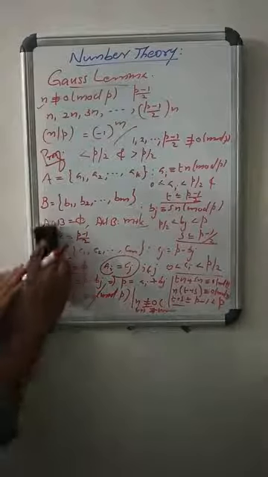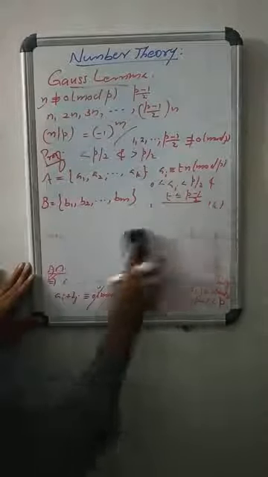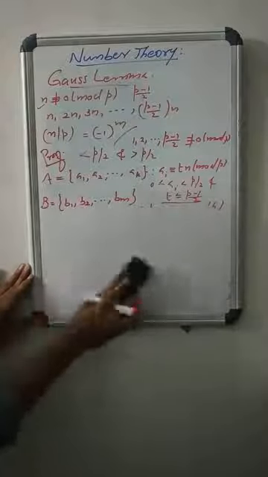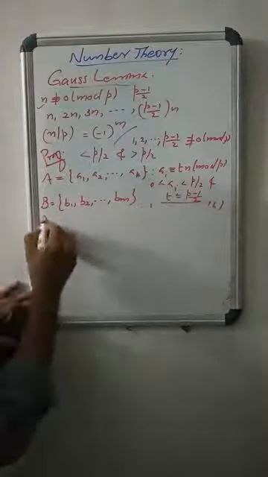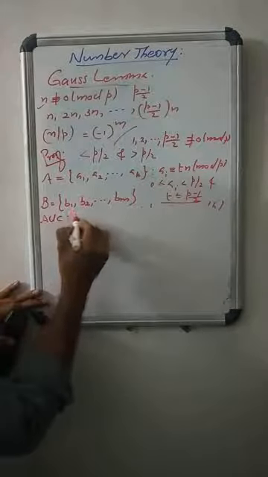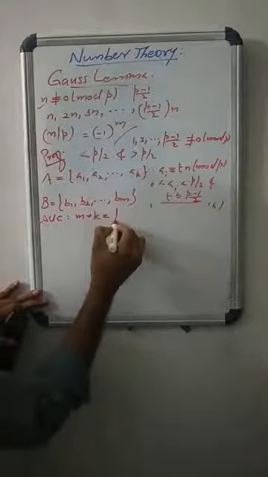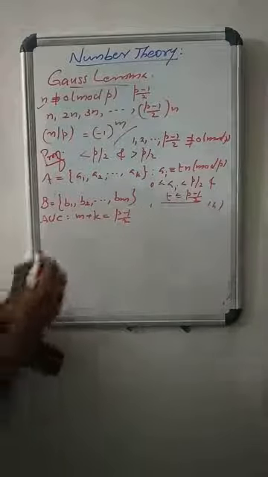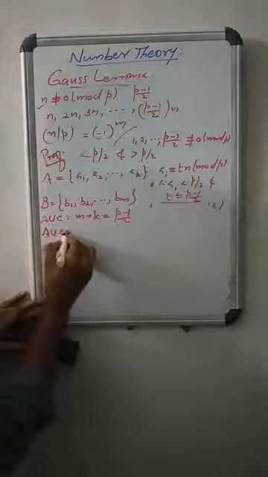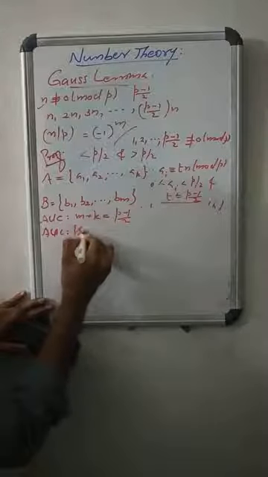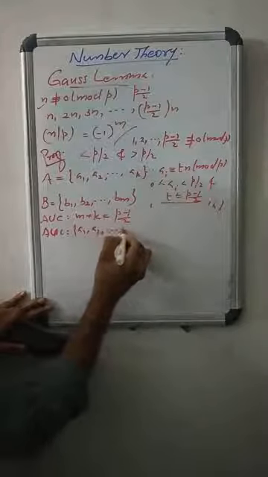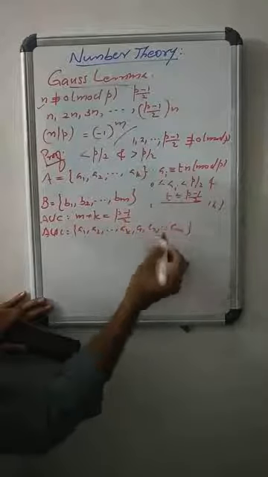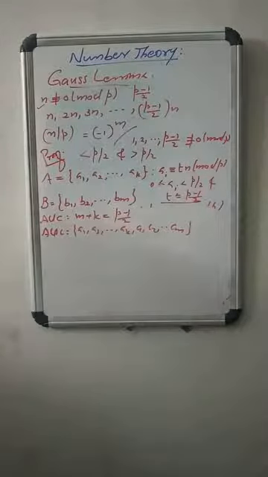Agree? Okay. Now listen. So we know that A union C consists of M plus K elements. M plus K means P minus 1 by 2 elements. What is A union C? A union C equals the set A1, A2, etc. AK, comma C1, C2, etc. Cm. Agree? Okay.